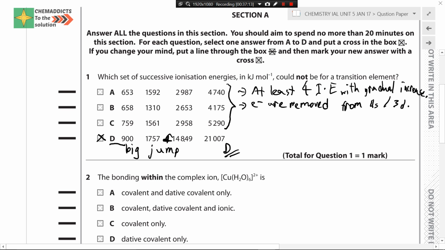In D, after two ionization energies there is a big jump between the second and third ionization energy, which is unexpected for a transition element. Since there is no linear increase in ionization energy up to 4 ionization energies, this shouldn't be a transition metal element.